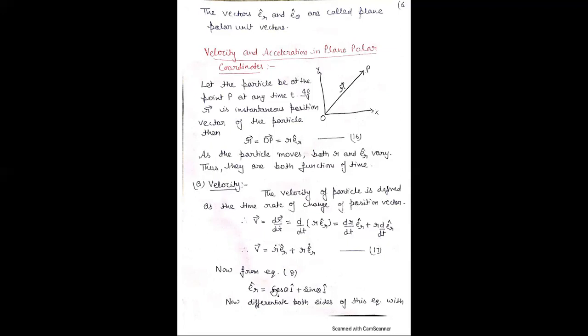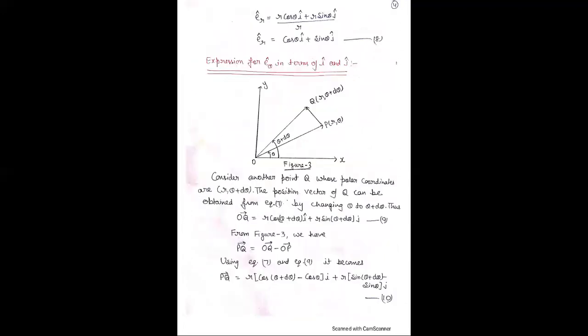Now from equation 8, e r is equal to cos theta i plus sin theta j, and we have to find the differentiation of this. Differentiate both sides with respect to time.